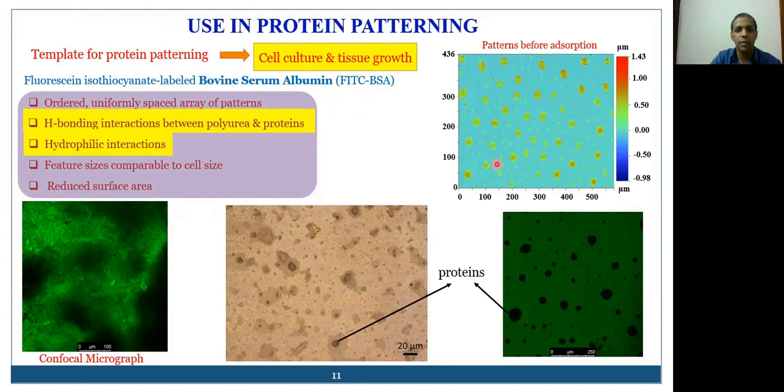This is the optical profilometric image of the patterns before adsorption. And these larger spots are the tops of the pillars onto which the proteins have adsorbed. And here is a confocal micrograph showing fluorescent regions when the protein had an FITC label.